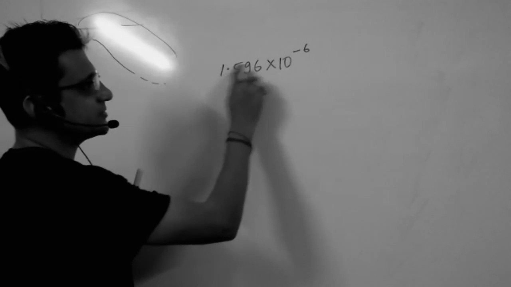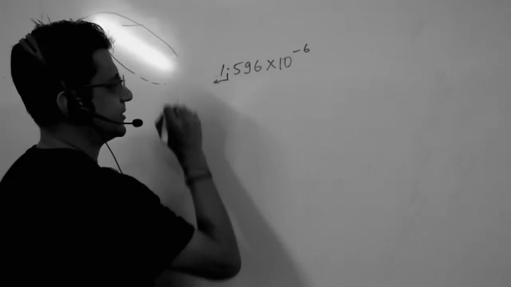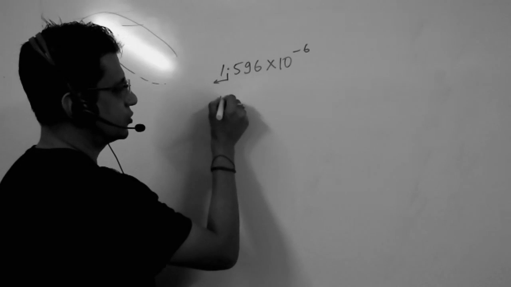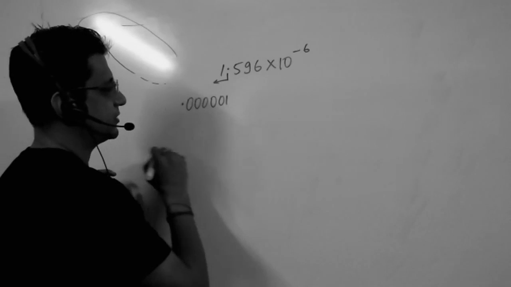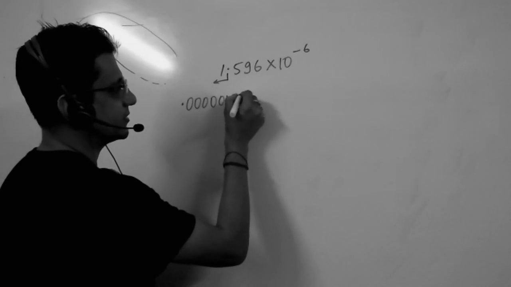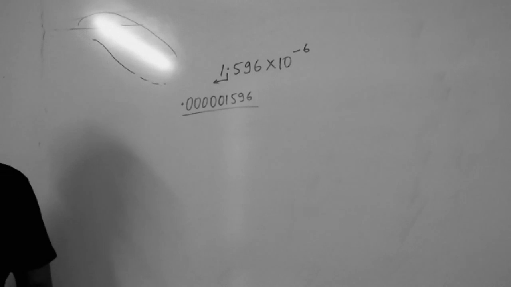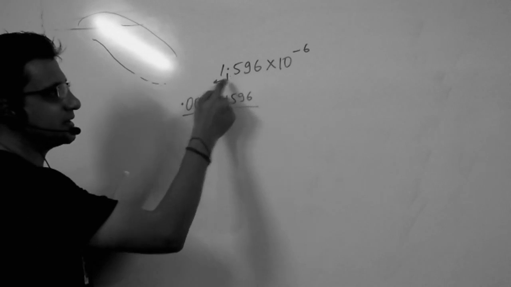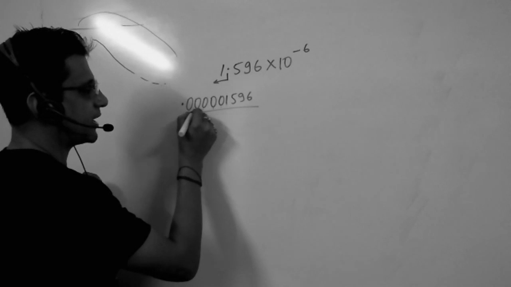By how many steps? 6 steps. So 1 step, 2, 3, 4, 5, 6 steps, dot, and after this you write the number. This decimal has gone left hand side by how many steps? 1, 2, 3, 4, 5, 6.